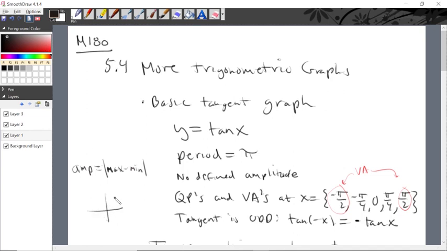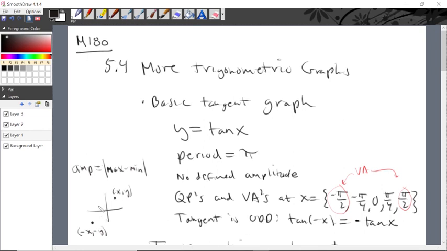So for example, if we have a point up here in quadrant 1 with coordinates x, y, if we reflect it over the y-axis and then over the x-axis, we would find another point that is also on the function, if it is odd, another point with coordinates negative x, negative y. Right, so you change the sign of the input and you change the sign of the output when you have a function that is odd.